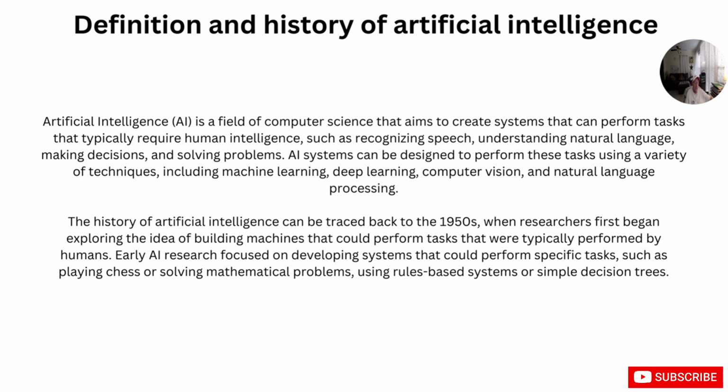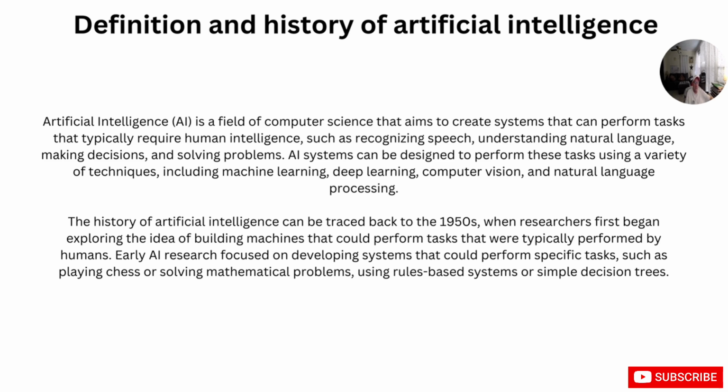AI systems can be designed to perform these tasks using a variety of techniques, including machine learning, deep learning, computer vision, and natural language processing. The history of artificial intelligence can be traced back to the 1950s, when researchers first began exploring the idea of building machines that could perform tasks that were typically performed by humans.